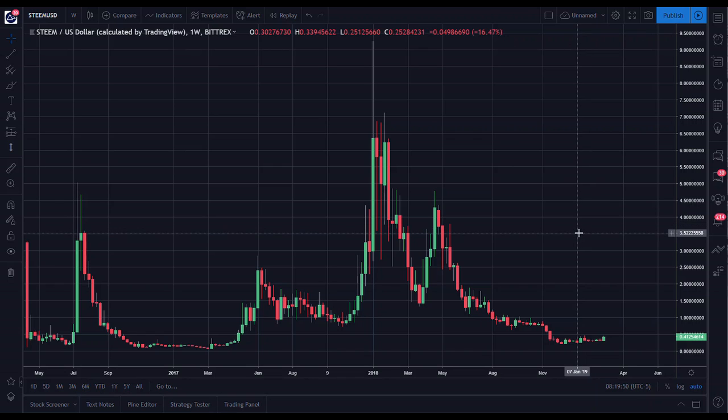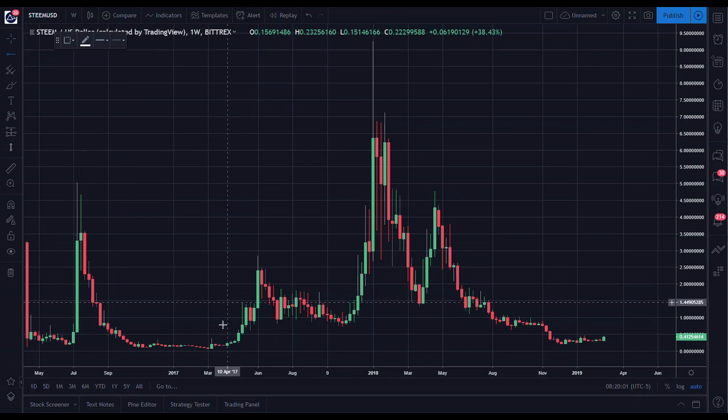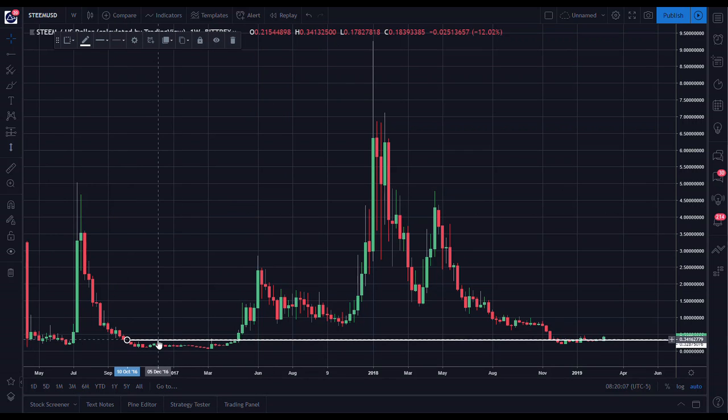My understanding is that phases 1, 5, and 7, the lines for those phases, are drawn across the tops of the price bars.